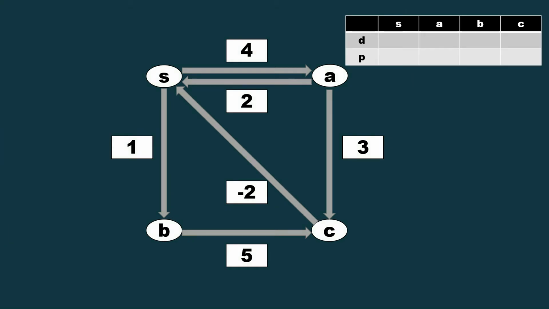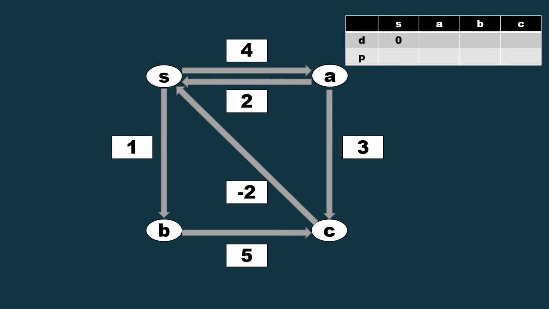We have 2 arrays, the D and the P. D contains the distance. P contains the predecessor of the respective vertices, and this column represents the vertex name. These cells will hold the distance to the respective vertex from source vertex S. These cells will hold the predecessor of the respective vertex.